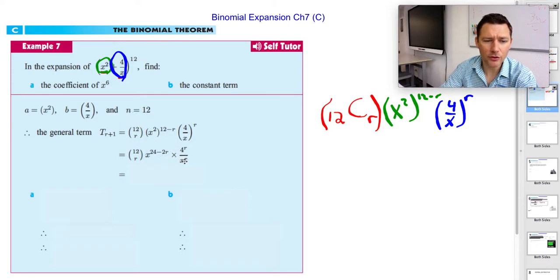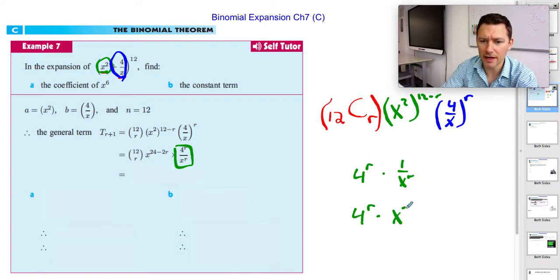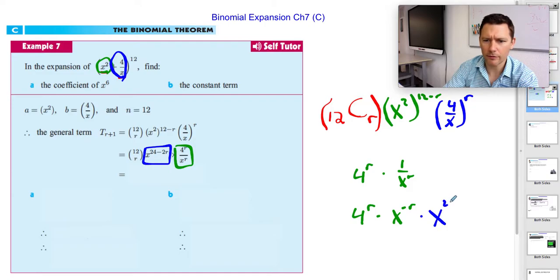With that, you can take these r values and separate this component, which just becomes 4 to the r times 1 over x to the r, also known as 4 to the r times x to the negative r. That's being multiplied right next to this. So just multiply your x's, because this is x to the 24 minus 2r.